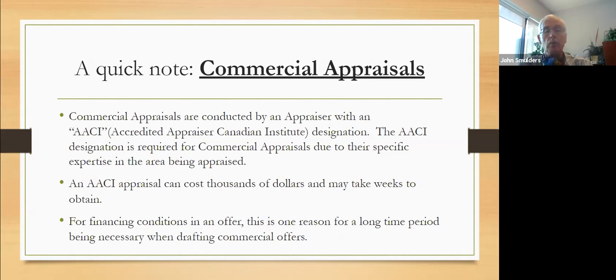It's one of the reasons why for financing, you need to have a long financing clause. Bank approvals, sometimes just like residential, are hinging on the appraiser's report. But in this case, an AACI could take weeks and maybe months to obtain. And so the financing condition has to be very, very, very long as well. The financing condition, of course, we talked about financing, I believe, in week 6, maybe 5.